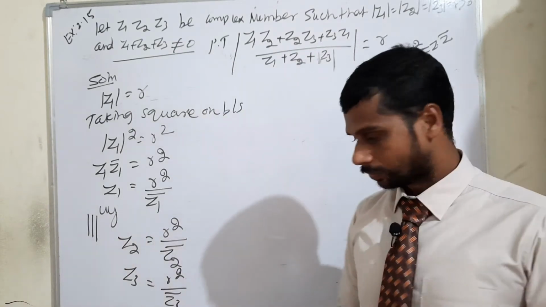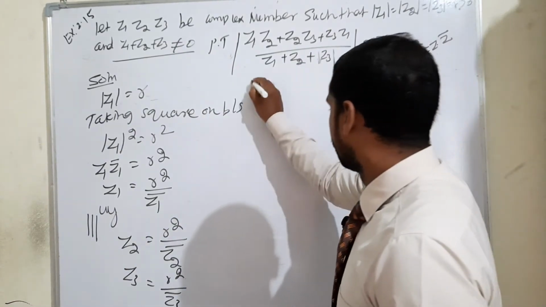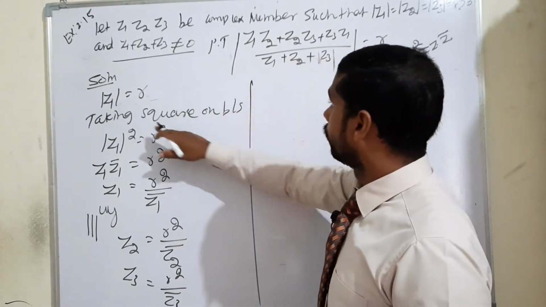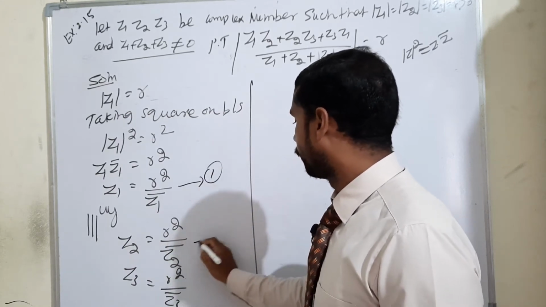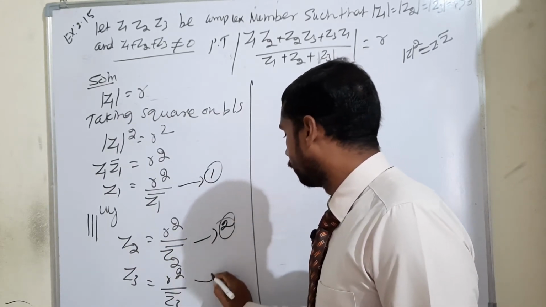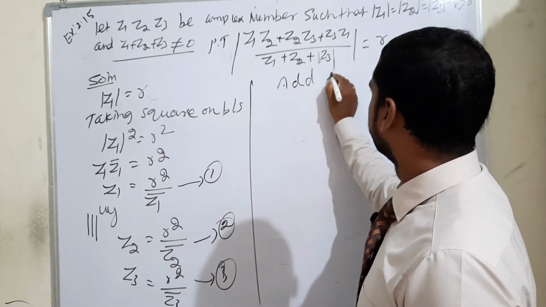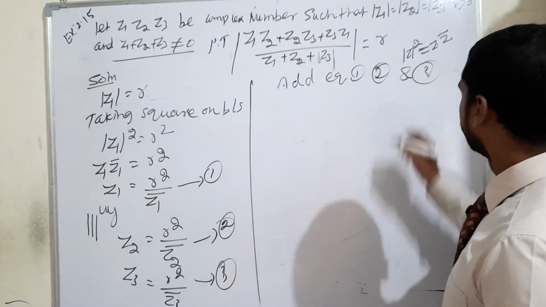Now, consider this equation number 1, equation number 2, equation number 3. So add equations 1, 2 and 3. What will happen?